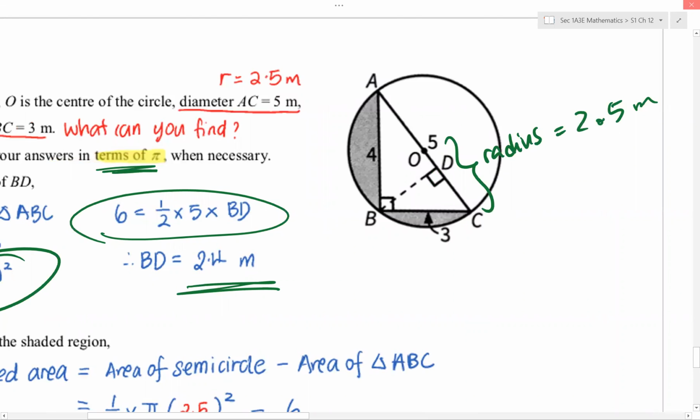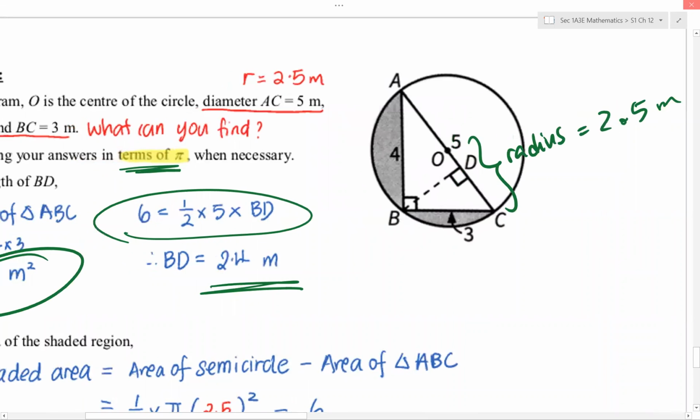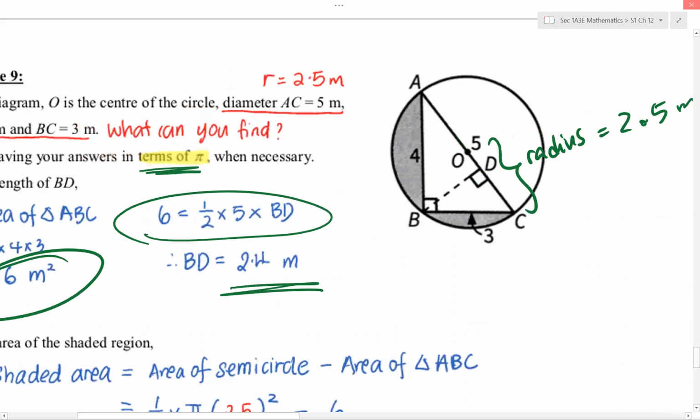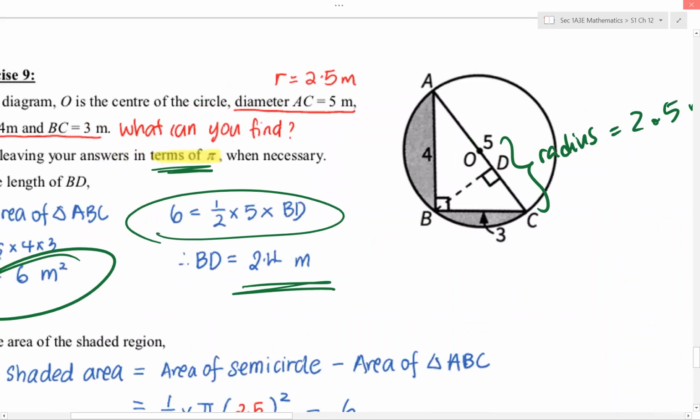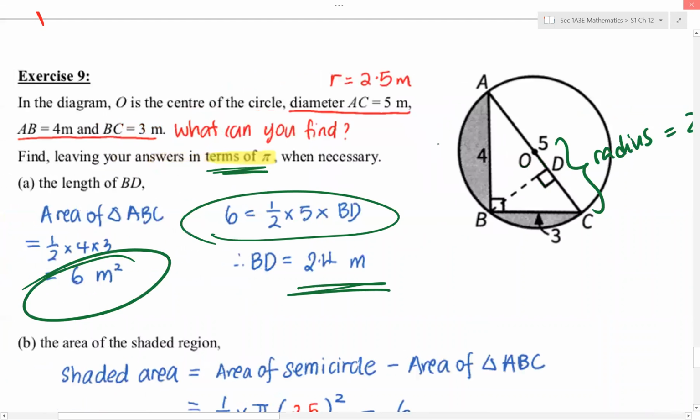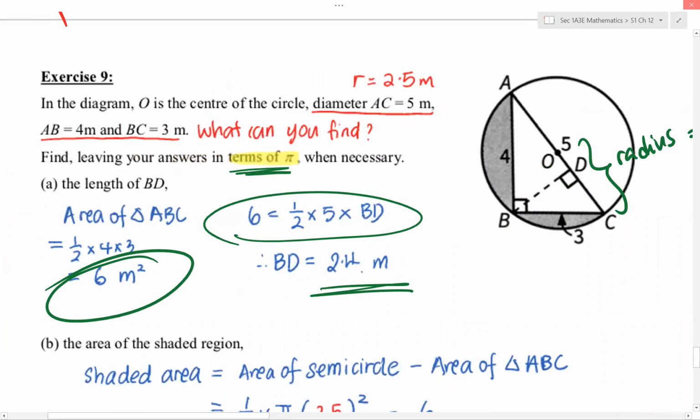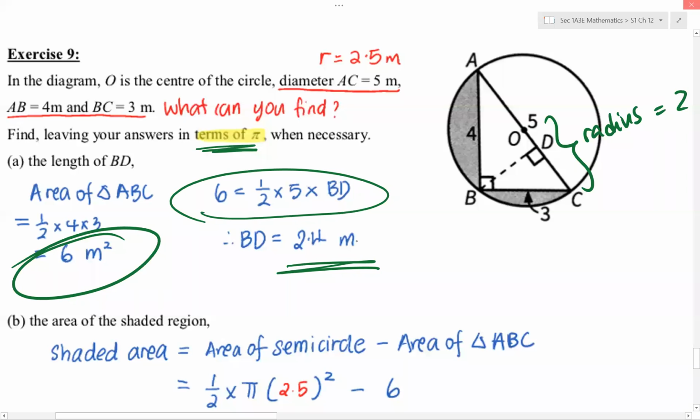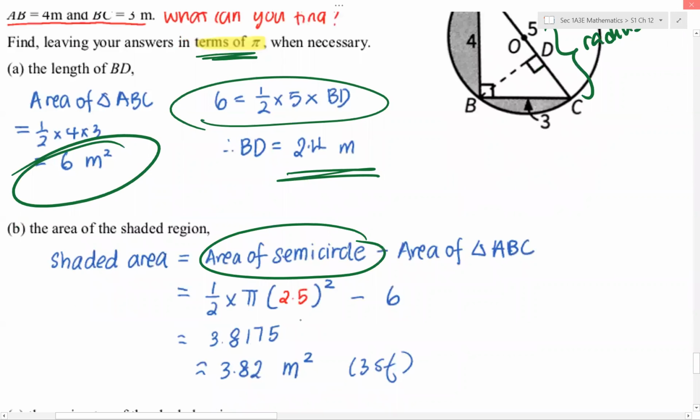Area of what? Area of circle. And this is a semicircle. Did they say semicircle? Oh, they didn't, but we have a diameter. So of course it's going to be a semicircle. Semicircle will result in half, yes, half of the area of a circle. Half times pi r squared. See the 2.5? It came from 5 over 2. Minus the area of the triangle.